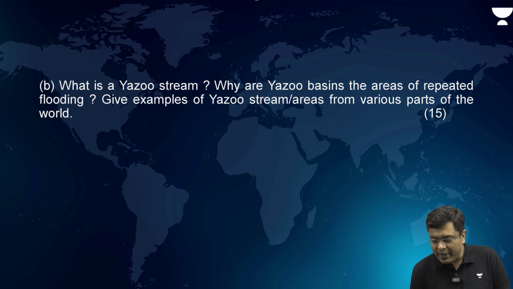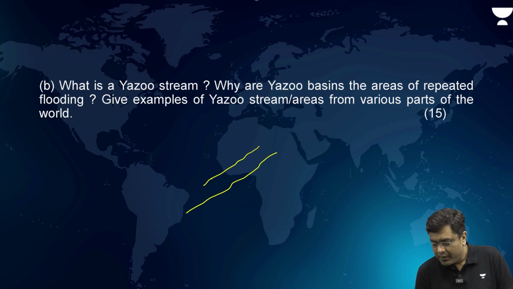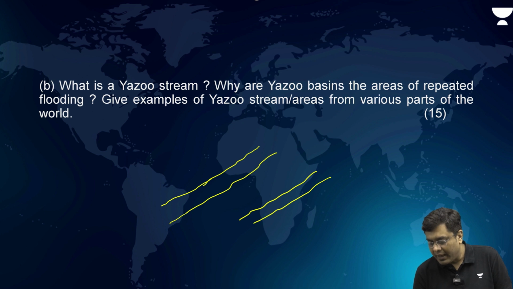These are those streams which run parallel to any particular river channel, right, and they end up meeting that river channel after a very long time or after a larger space.